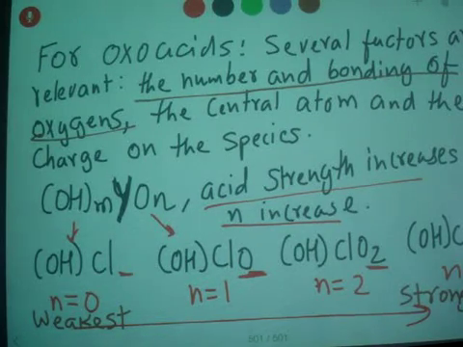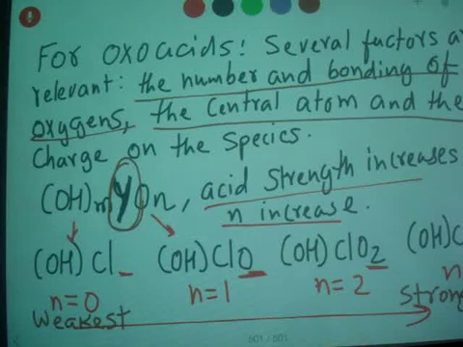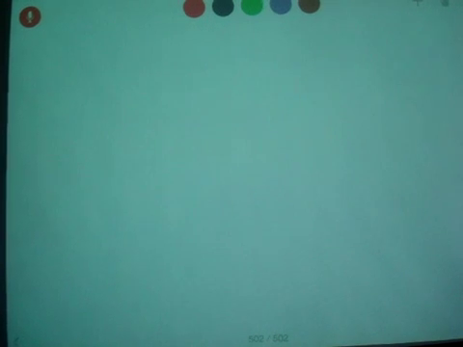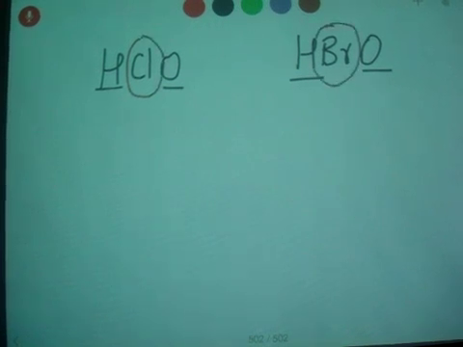Now we are going to talk about the central atom and how it affects the acid strength. Let's say we have HClO and HBrO. We have the same numbers. The only thing, the central atom is different. Now, how can we determine acid strength?